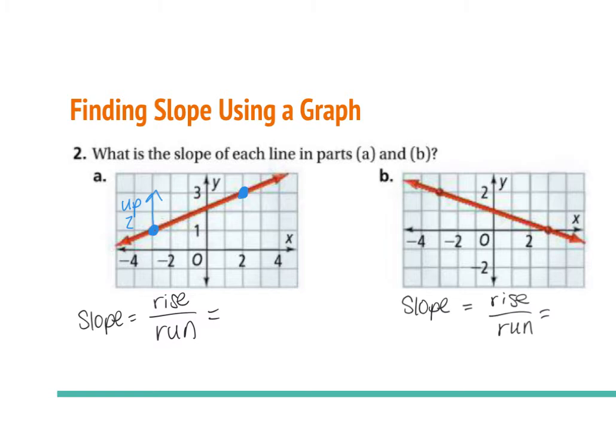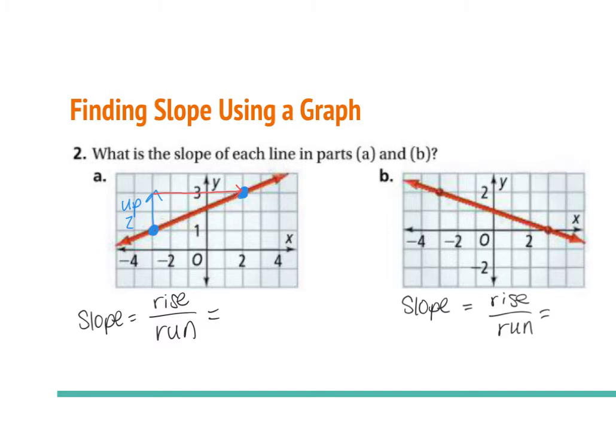How much am I going to have to run to get to the second point? 5. 1, 2, 3, 4, 5. Beautiful. So we ran 5, in what direction?